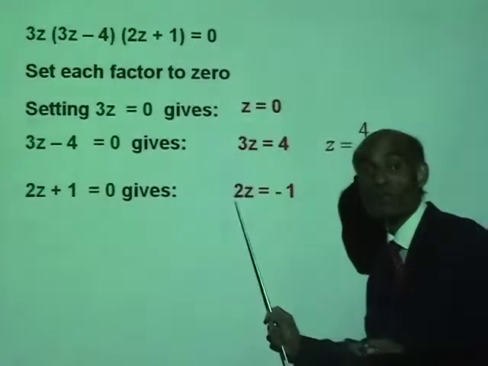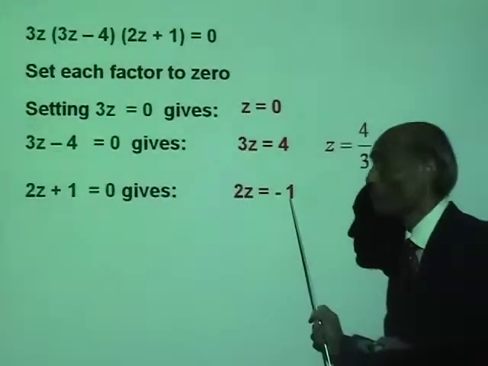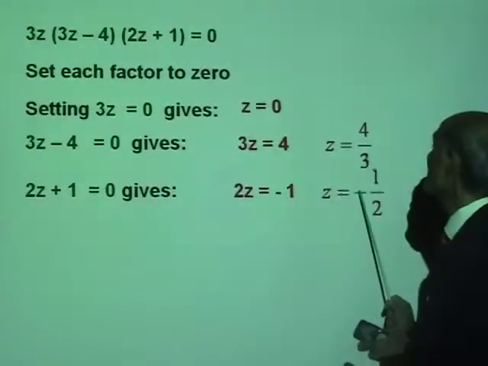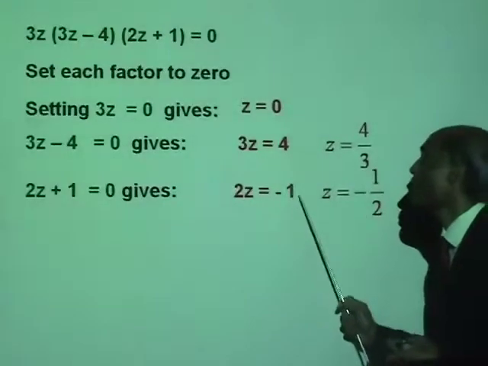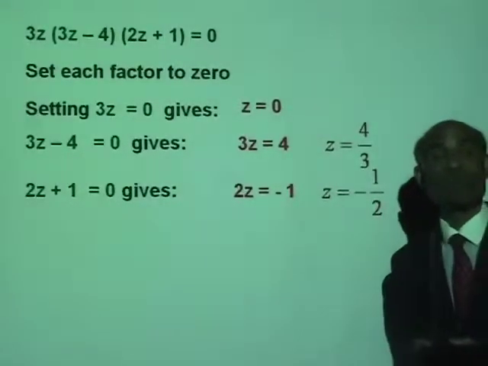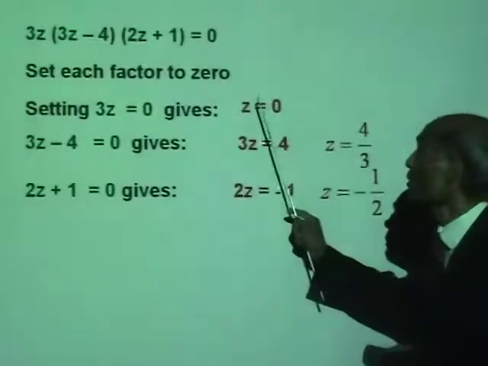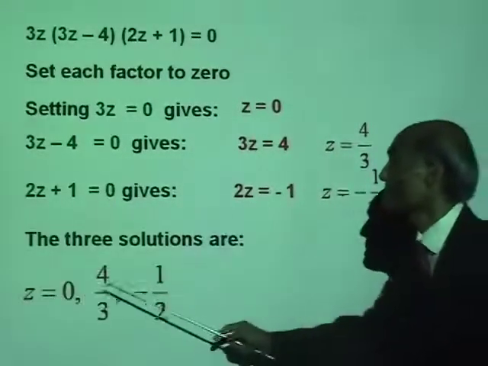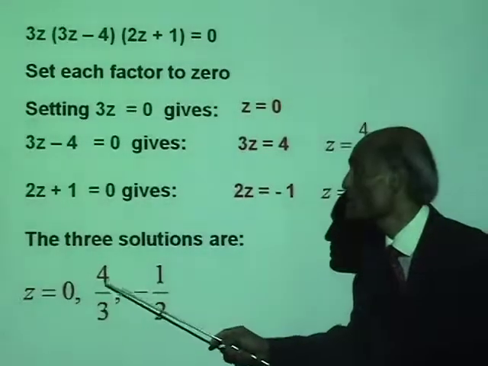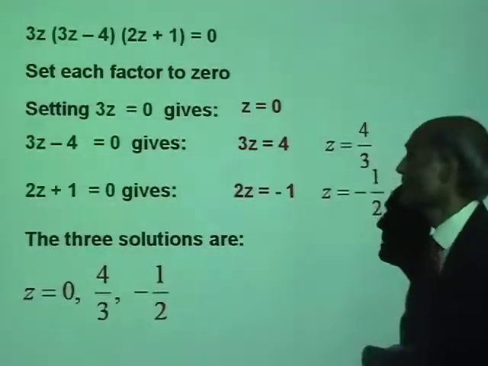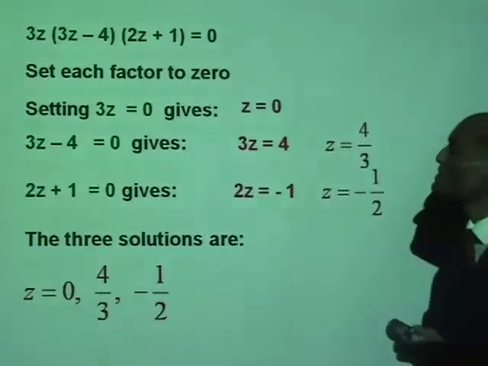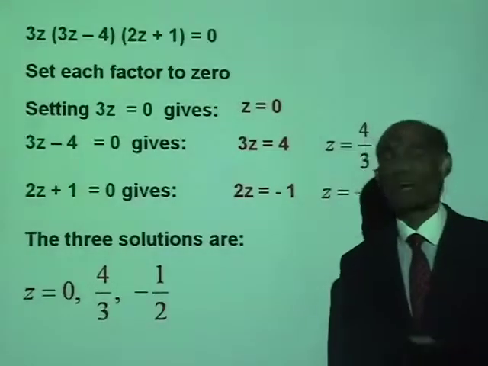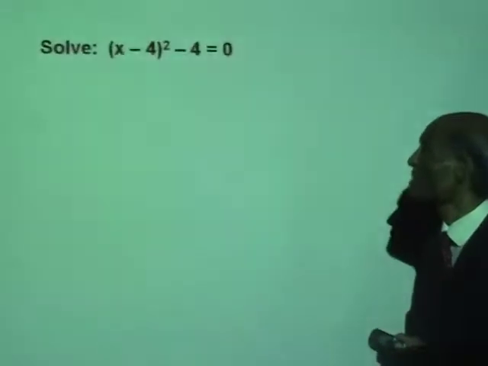And now divide both sides by 2, and that will give me z equal to negative 1/2. So the three solutions are z equal to 0, z equal to 4/3, and z equal to negative 1/2, and that is the solution set.